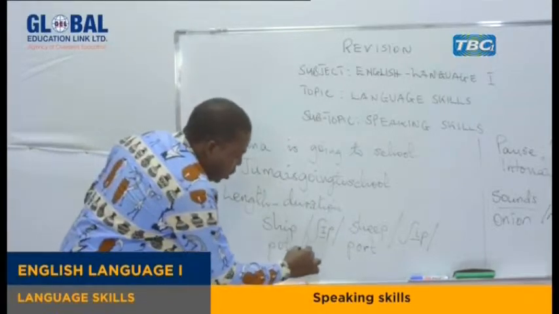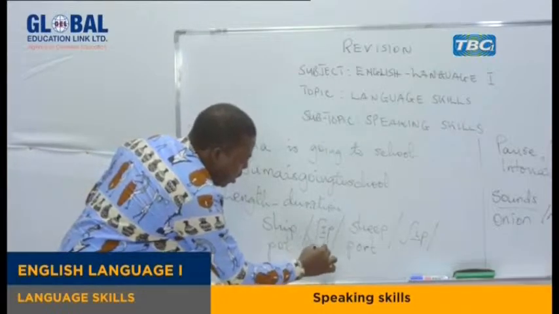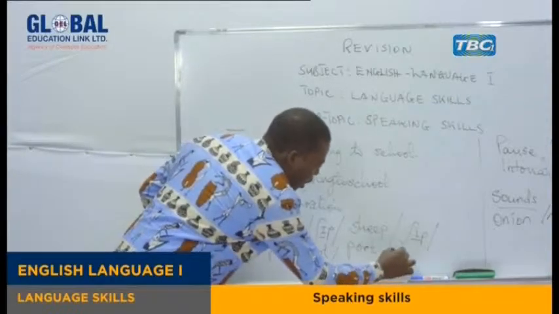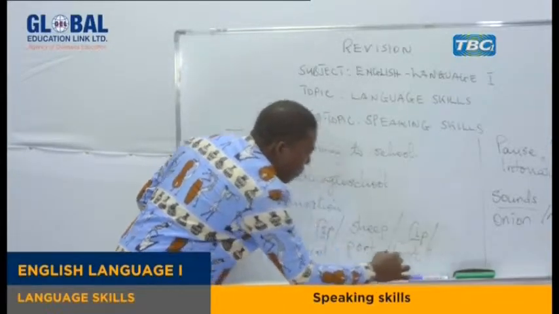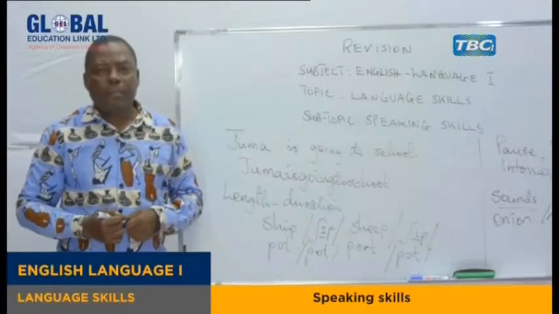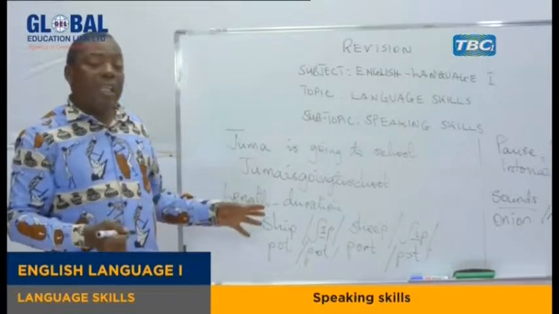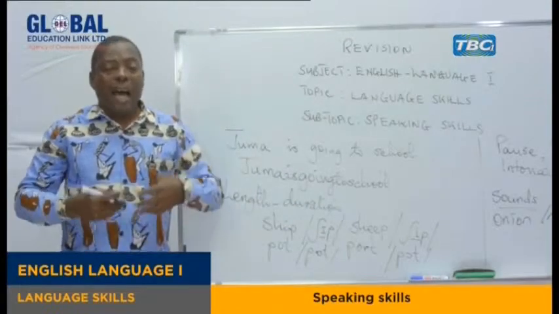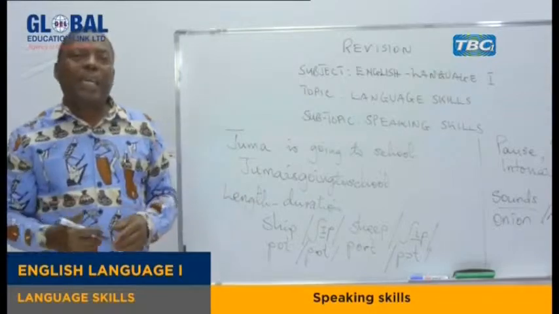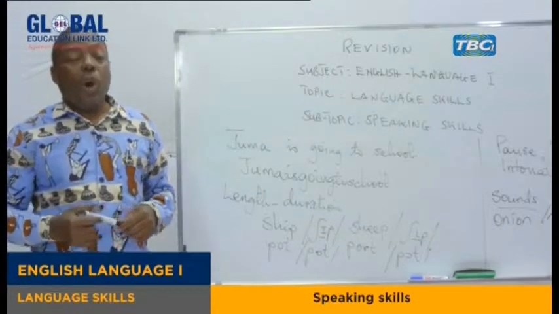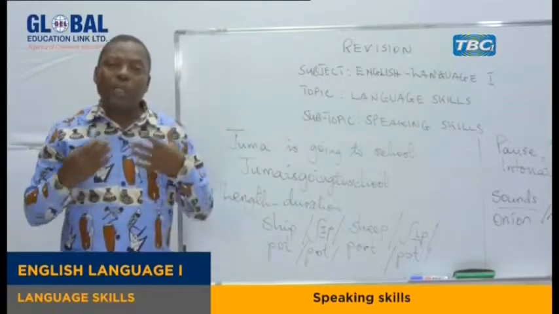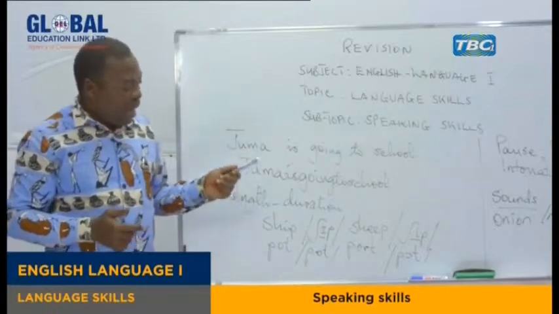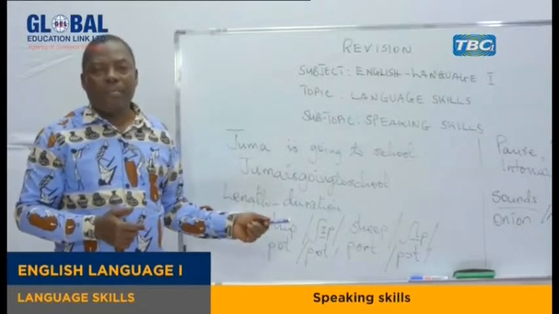This one, you'll talk about pot, while this one, you'll talk about pot. Since in Kiswahili we don't have this sound discrimination, then as we are speaking English, in order to make what we are trying to communicate meaningful, a person has to observe this.